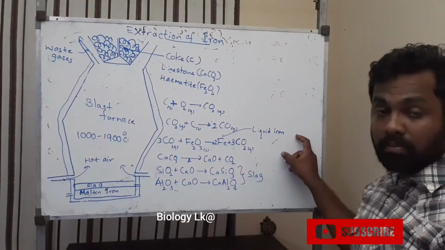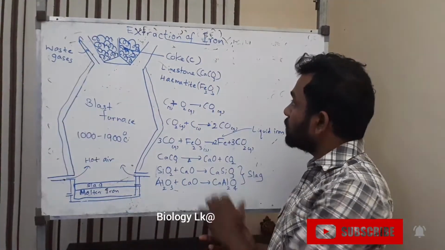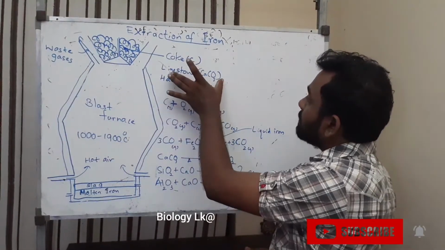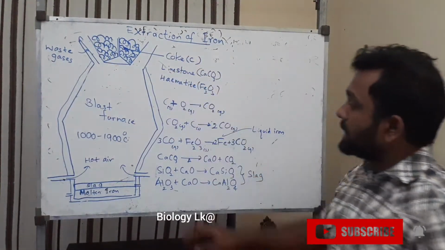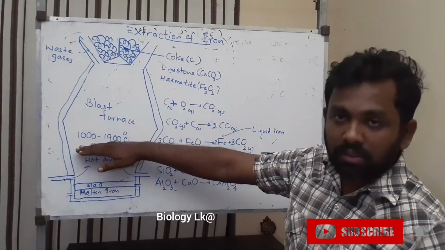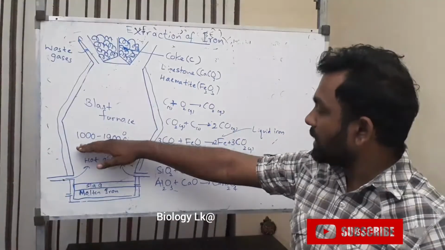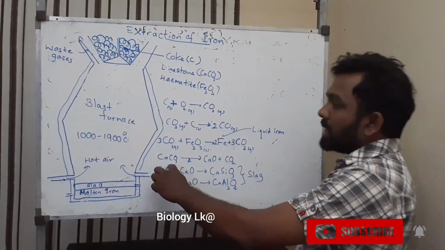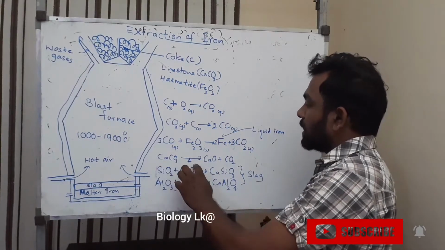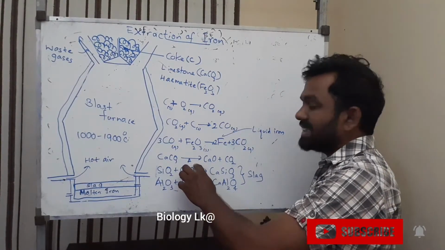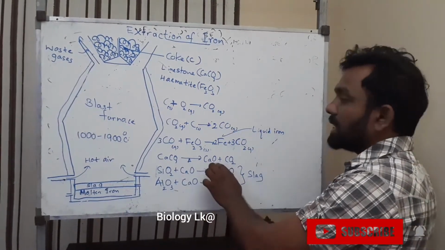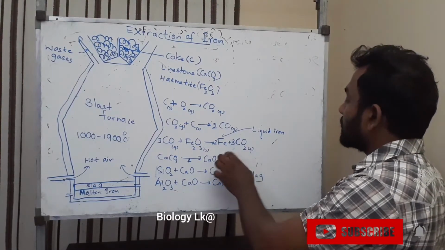To avoid that problem, we are adding limestone here. Since there is a very high temperature within the blast furnace, the calcium carbonate dissociates into calcium oxide and carbon dioxide.